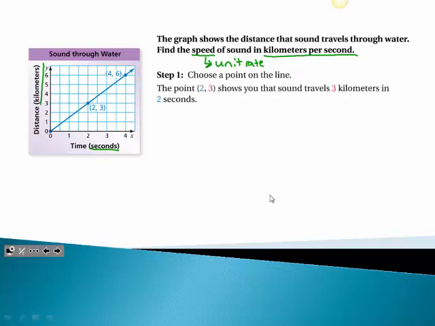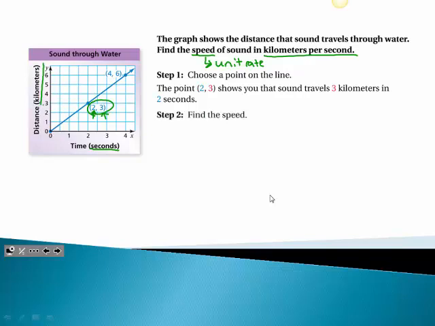They chose the point (2, 3) right here. And this shows you that sound travels 3 kilometers in 2 seconds, because the 3 is your y, which is talking about kilometers, and the 2 is your x, which is talking about seconds. So 3 kilometers in 2 seconds.